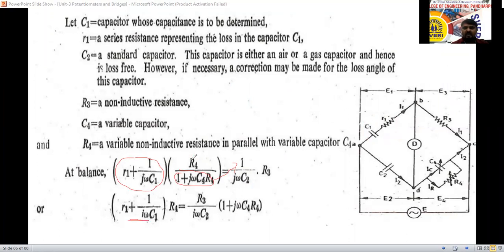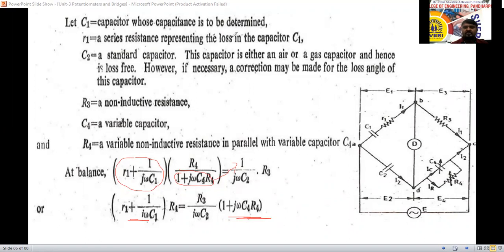R4 is written as it is. R3 divided by j omega C2 is already there. This multiplied value 1 plus j omega C4 R4 I write here. This has come to the RHS side. Is it clear up to here? Only this part I am sending into RHS.